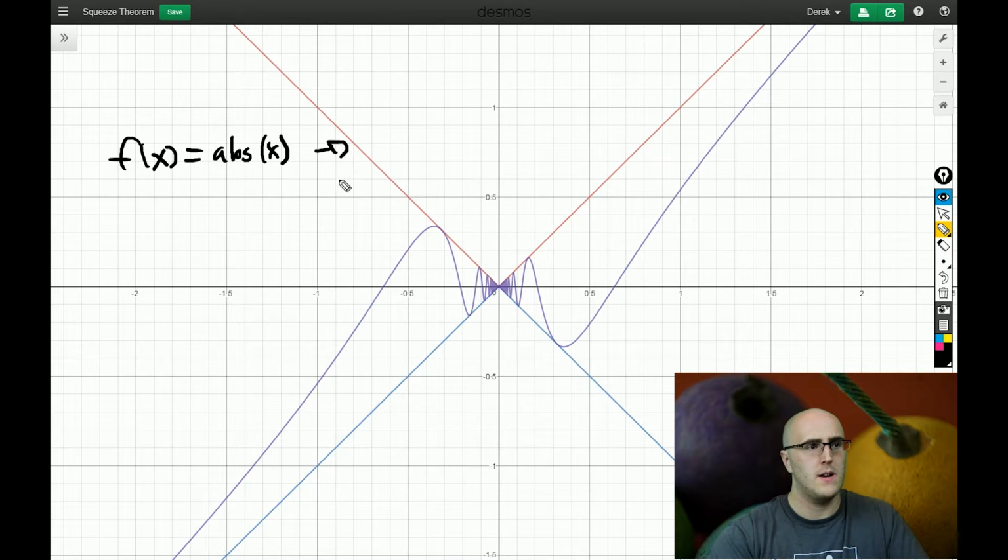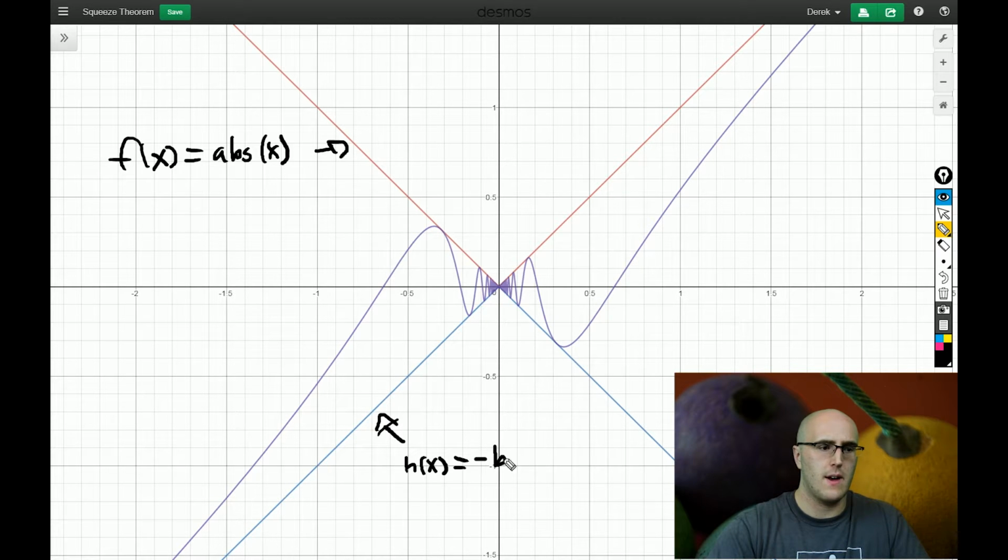And then we have our blue line, and this is h of x equals the negative absolute value of x. And then our purple function is g of x equals x times the cosine of x.